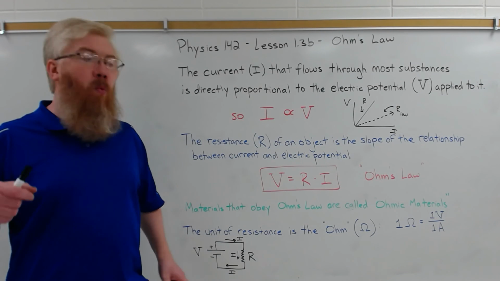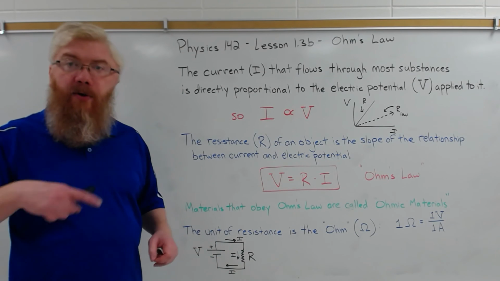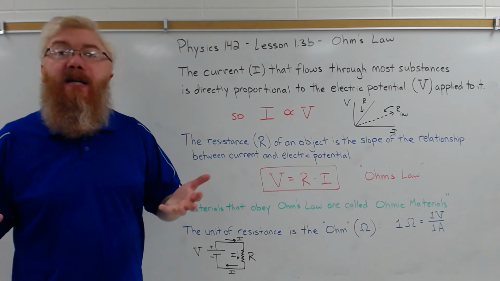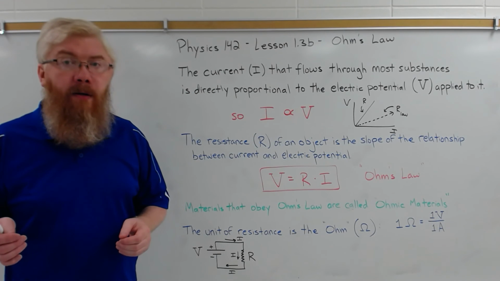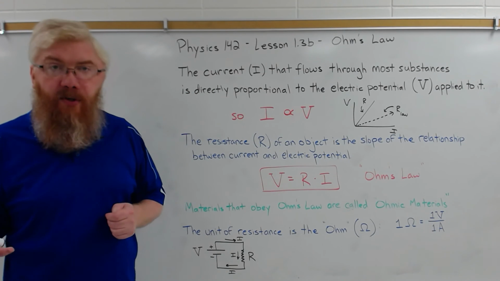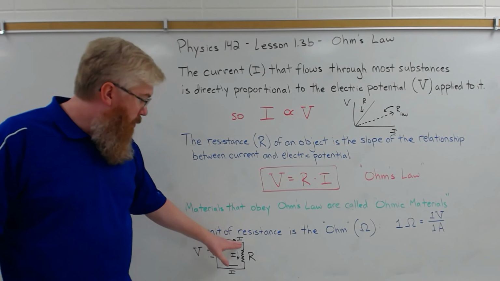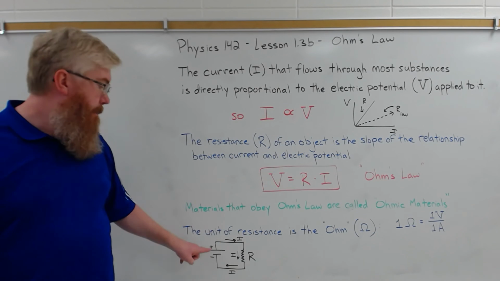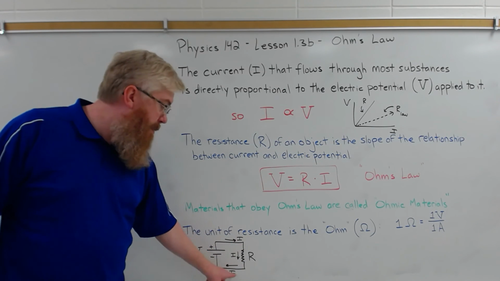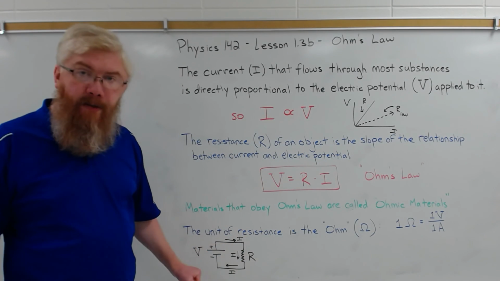Think of it like water flowing through a circular tube, right? Water doesn't magically appear. There's no point in the tube where suddenly you have a lot of excess water flowing compared to the rest of the tube. Current doesn't disappear. So the current I is the same throughout this whole simple circuit because it's just one loop.